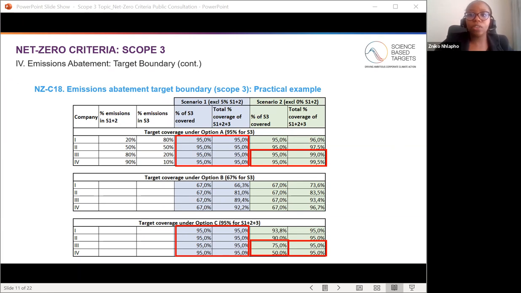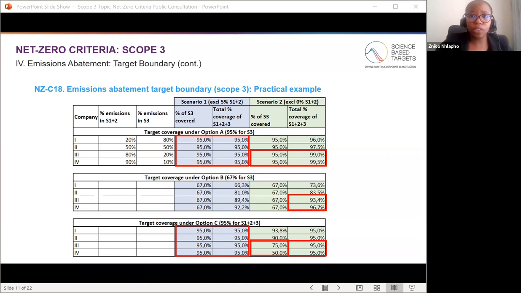Version B also yields a high coverage, but this is only for companies III and IV, as you can see in this red highlight.